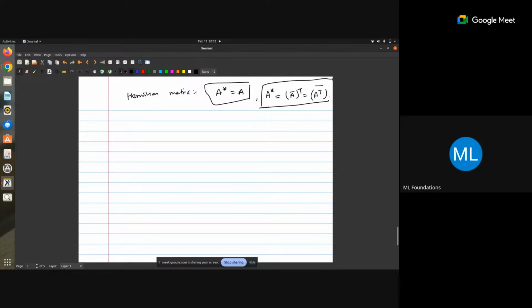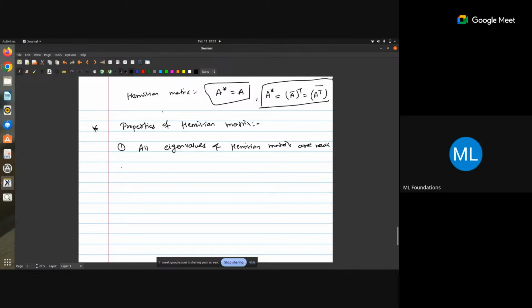What are the properties of the Hermitian matrix? I'll write down all the properties and then we can discuss them. First, all eigenvalues of a Hermitian matrix are real.